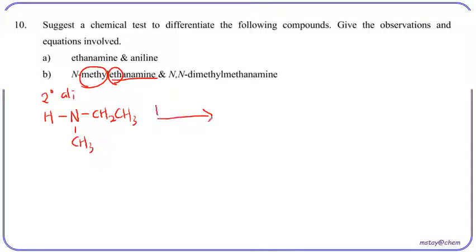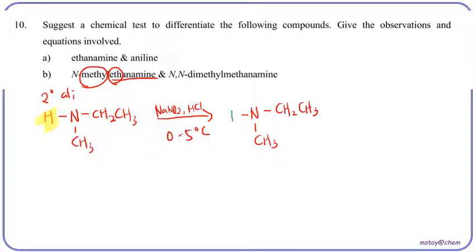So if it reacts with NaNO2 with HCl at 0 to 5 degrees Celsius, we know that the hydrogen will be replaced by the NO. So let's continue here. Nitrogen, CH2CH3 we maintain, and then here we have CH3, and then this one we have a bond.